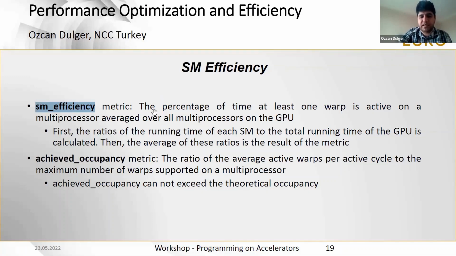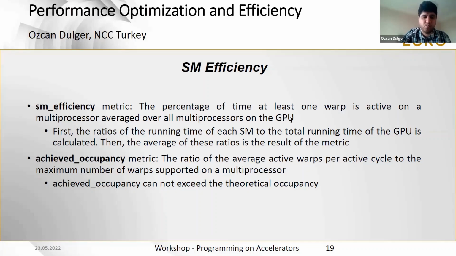The definition is that the SM efficiency is the percentage of time at least one warp is active on a multiprocessor, averaged over all multiprocessors on the GPU.